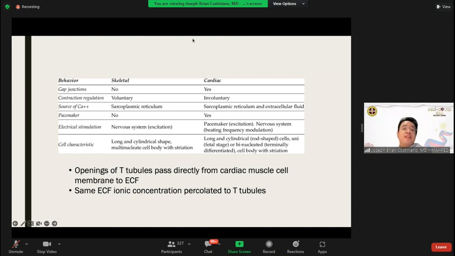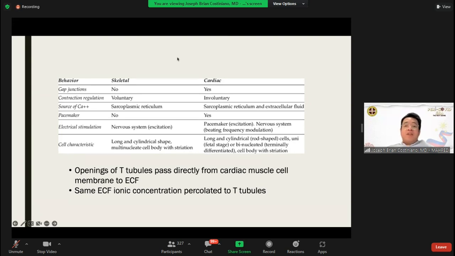Okay, tingnan po natin yung differences ng skeletal at cardiac. You don't have gap junctions in your skeletal muscle, but you do have gap junctions in your cardiac muscle. And as you can see here, alam naman natin, involuntary yung cardiac, of course. But take a look at the source of the calcium. The source of the calcium for your skeletal muscle is only your sarcoplasmic reticulum.